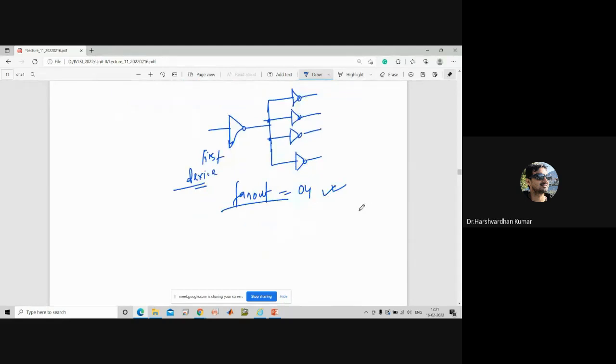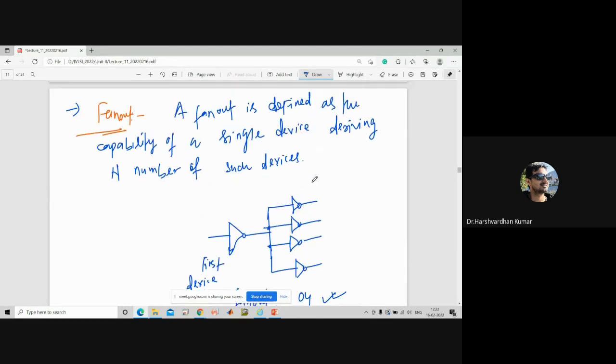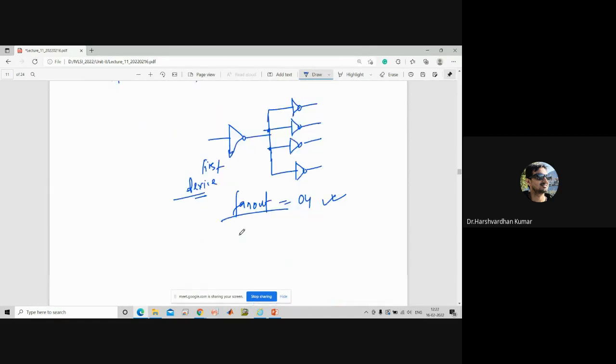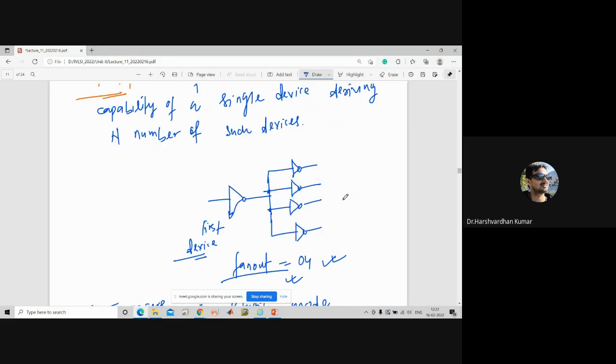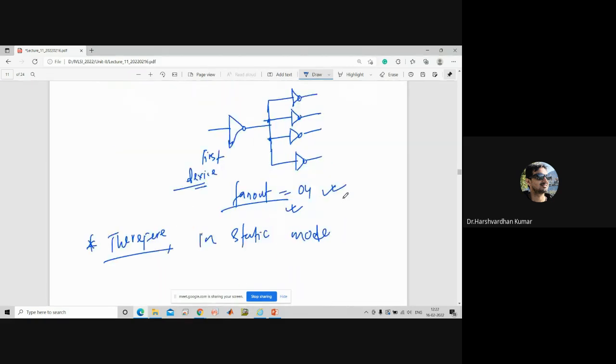Therefore, since the input impedance of the ideal case is infinite, what will be the ideal number of fan out for an ideal device in a static mode? This is a very important point you have to remember. In a static mode, since the input impedance is infinite, and fan out, the capability of driving n number of devices, depends on the input impedance.